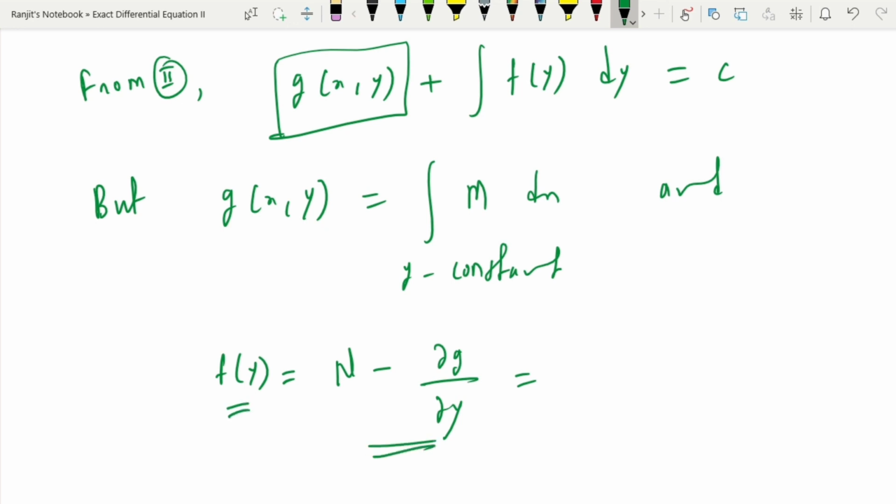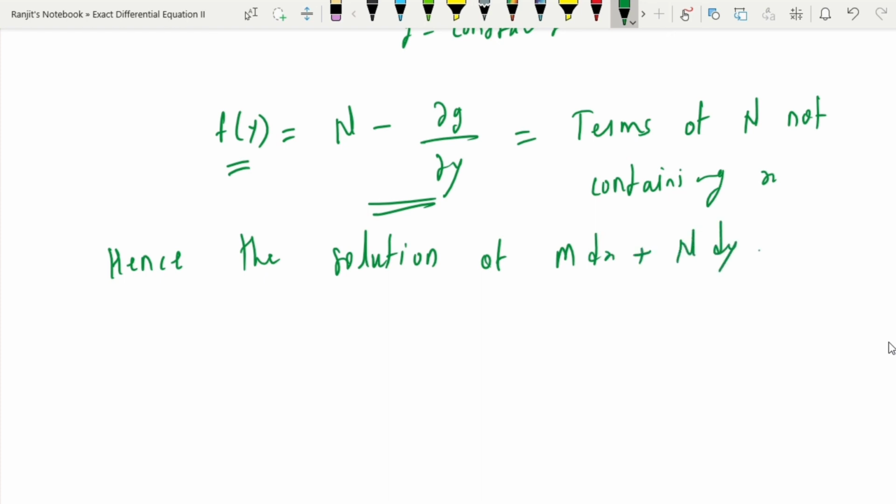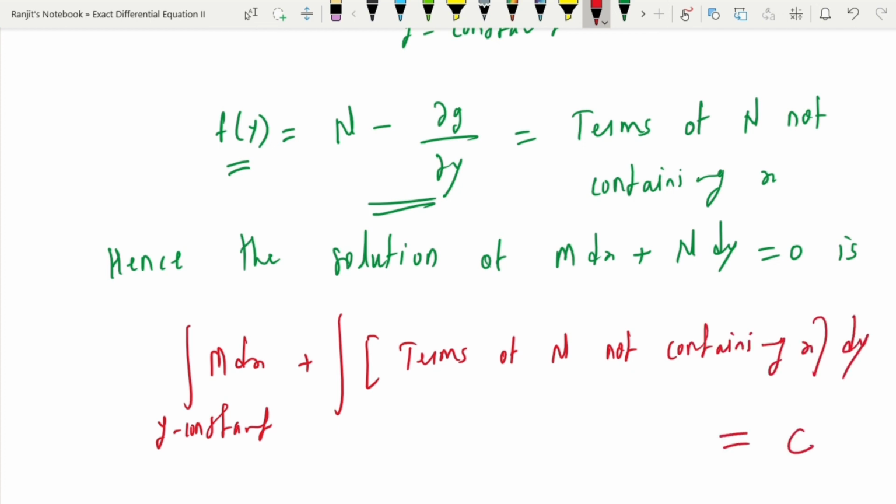Therefore N minus ∂g/∂y means the terms of N not containing x, and hence the solution of M dx plus N dy equal to 0 is the integral of M dx keeping y constant, plus the integral of the terms of N not containing x dy, is equal to c.